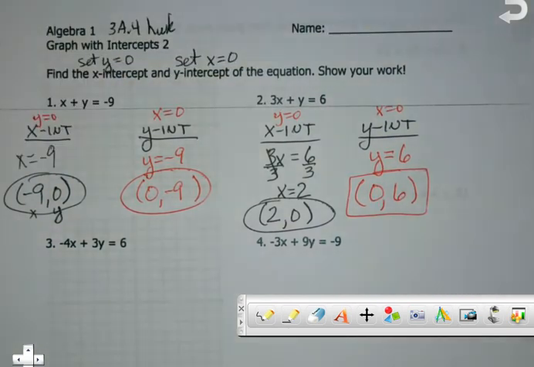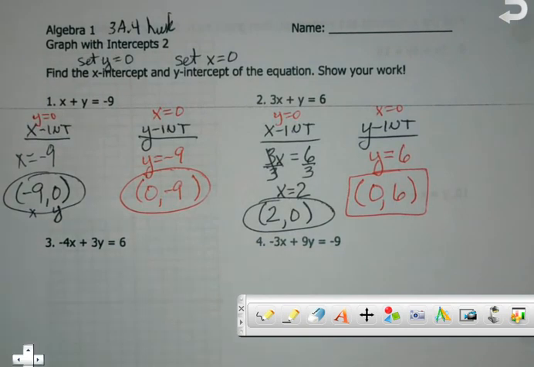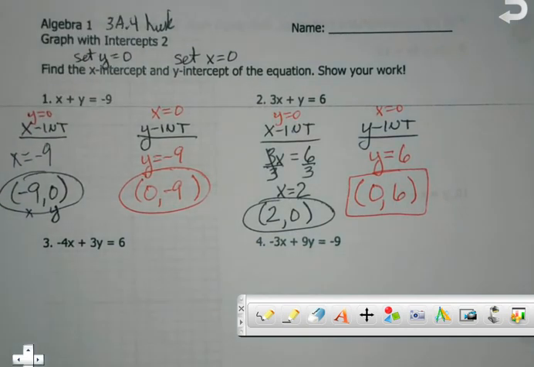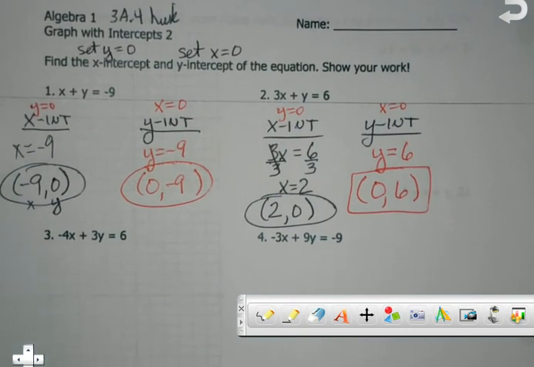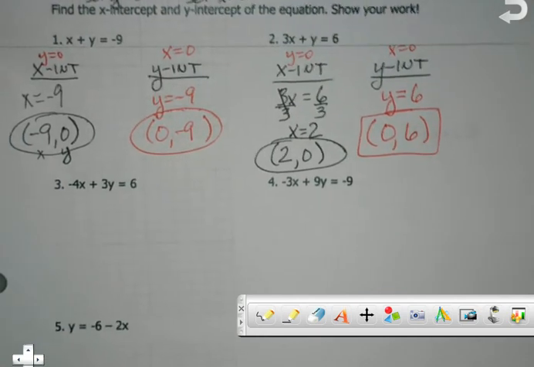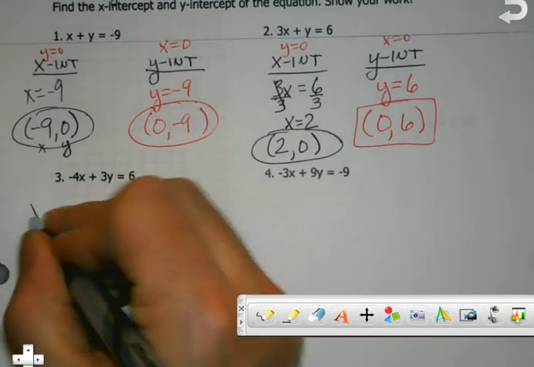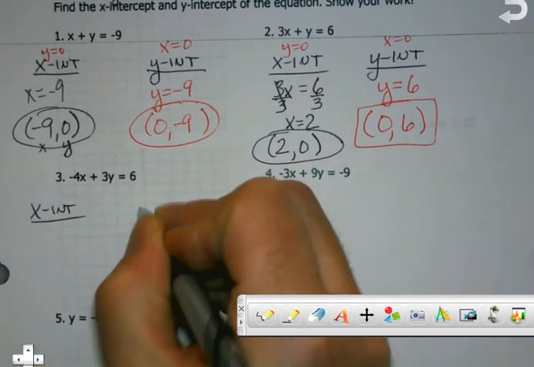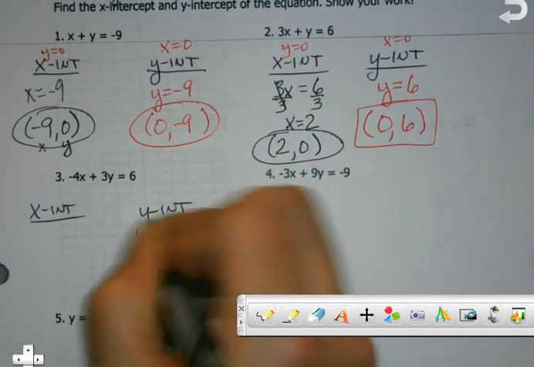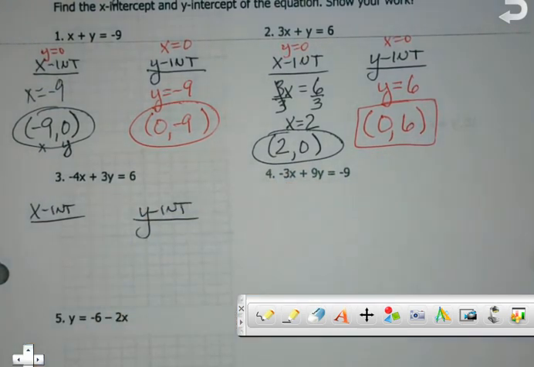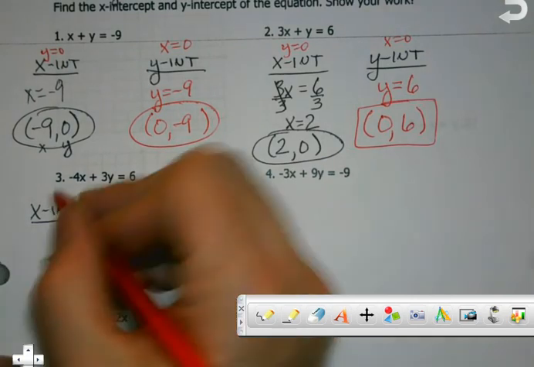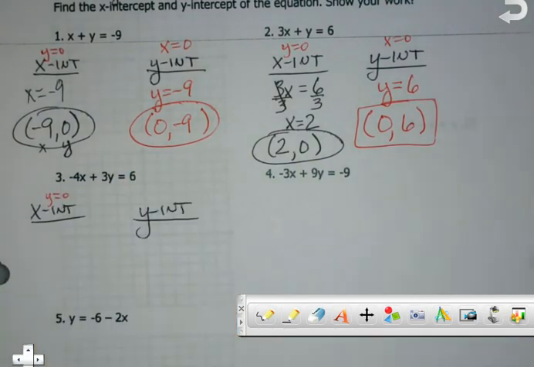Now, can I get decimals and stuff? That can happen. So if I bump up a little bit, let's say I get to 3. Same concept working. So x-intercept, y is going to be 0.